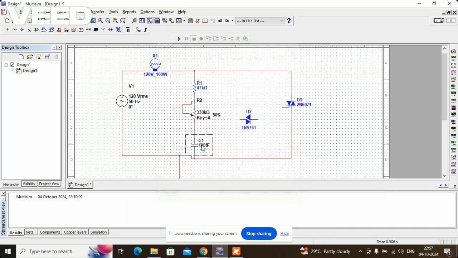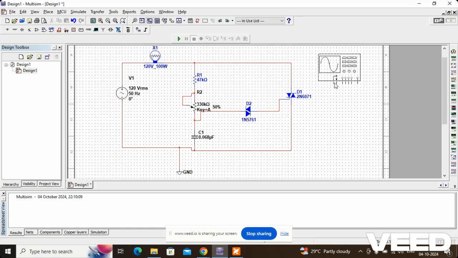I am connecting over here the Diac and the Triac.